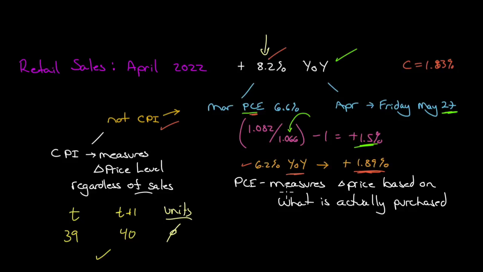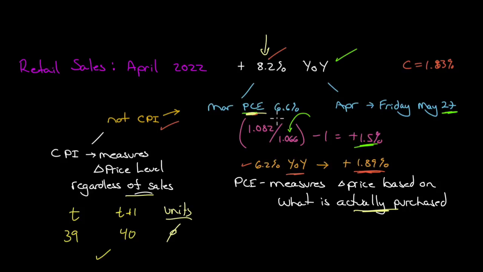The PCE measures prices based on what is actually purchased. So it is the change in the prices of the stuff that actually gets purchased as opposed to the change in the prices of some fixed basket, whether or not they get purchased. So since retail sales is what is actually purchased, you would deflate retail sales by the PCE inflation measure, not the CPI inflation measure.